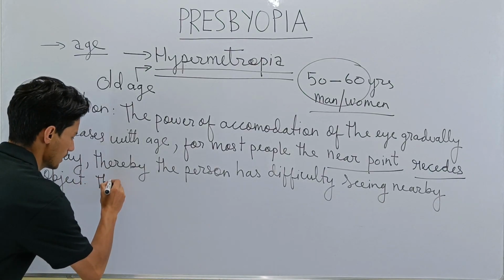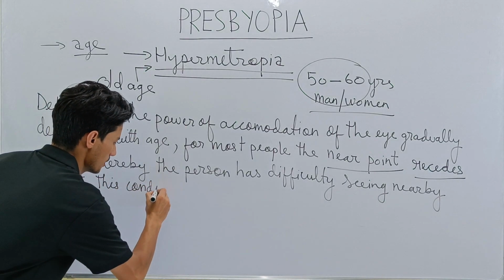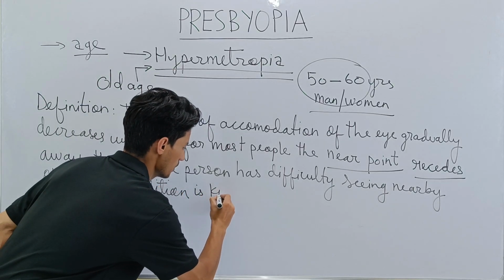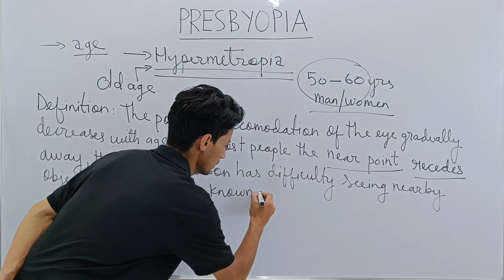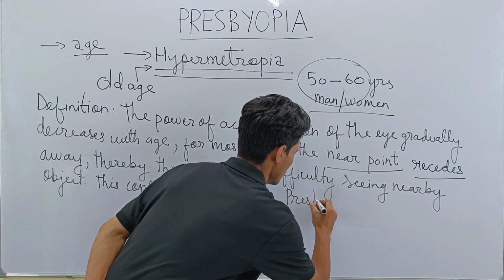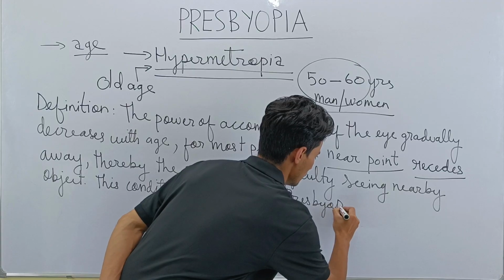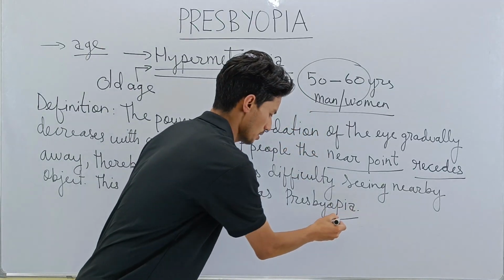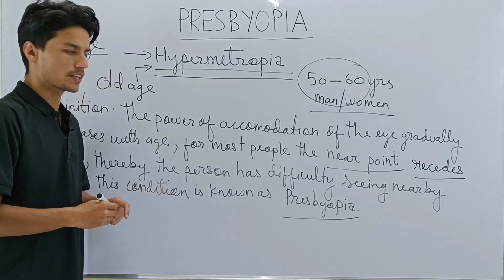This condition is known as presbyopia. The definition is very clear.